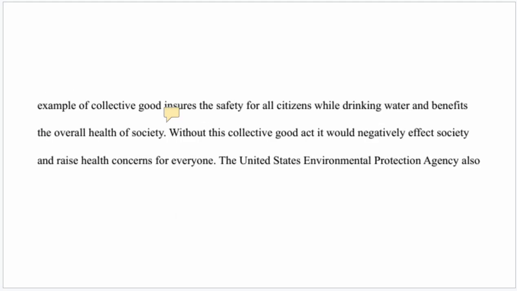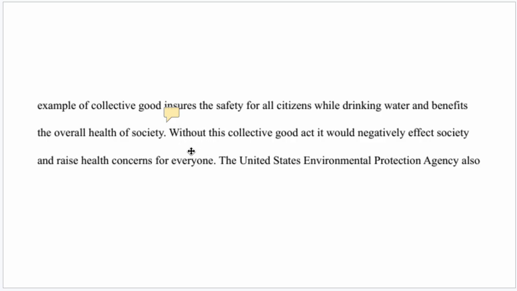Okay, last example. This sentence says, "Without this collective good act," which is a little awkward. I think it would be better to say, "Without this act for the collective good, it would negatively affect society and raise health concerns for everyone." So what is this? It starts with "without."